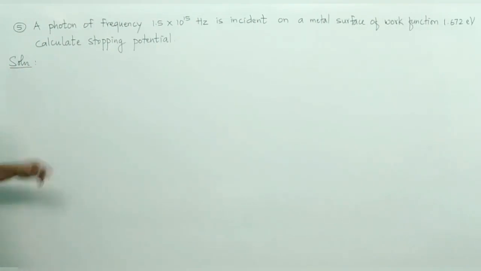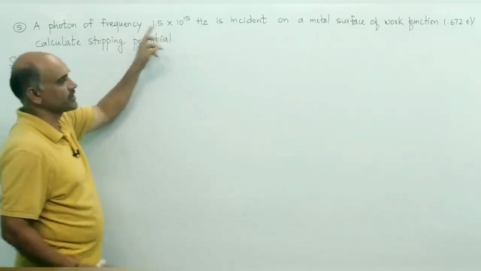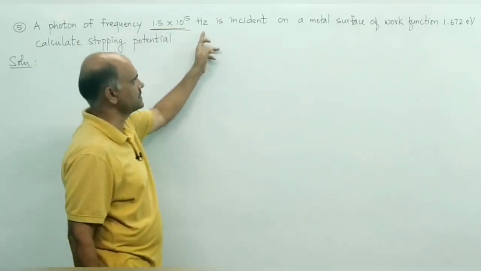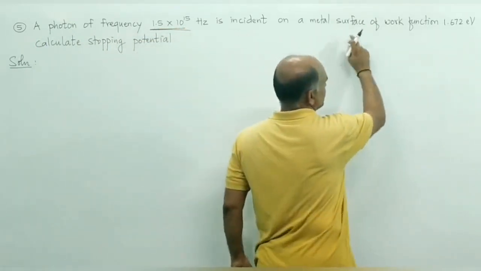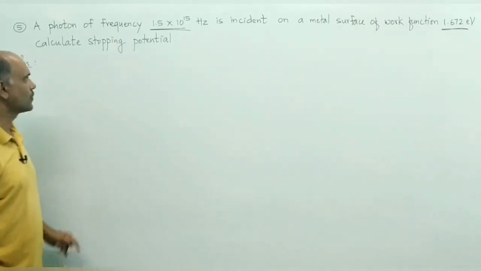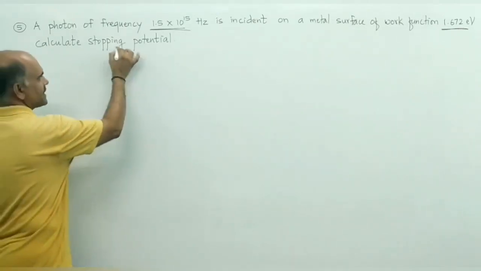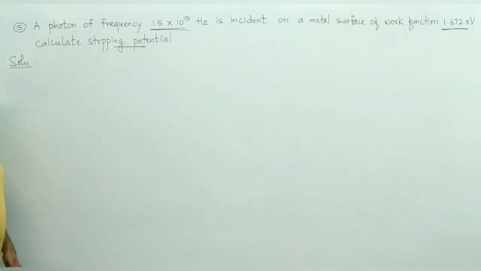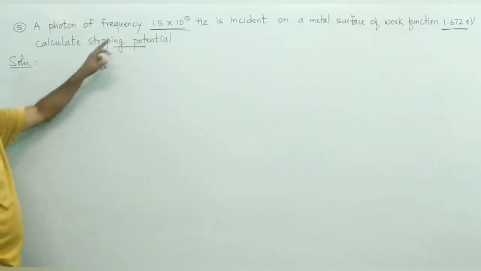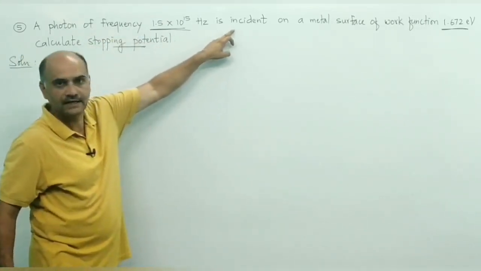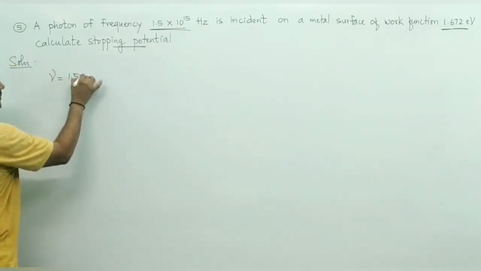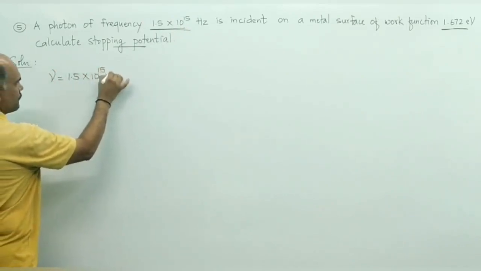Next problem: a photon of frequency 1.5 into 10 raised to 15 hertz is incident on a metal surface of work function 1.672 electron volt. Here you are required to calculate stopping potential. He has given the frequency of incident light, nu equal to 1.5 into 10 raised to 15 hertz.